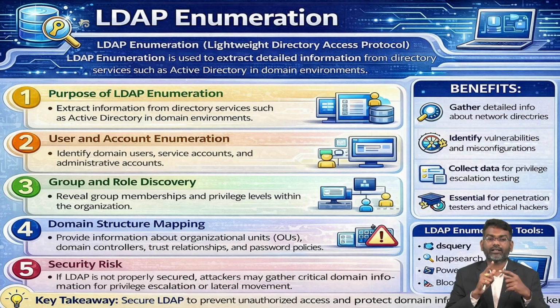As I said, not only does it provide the directory services, it also provides user and account enumeration details: which particular account will have what type of access control policies and privileges. It will check the groups and every individual's role in that group. As I said in the previous slide, a group of people may form a group by using IGMP, Internet Group Management Protocol.